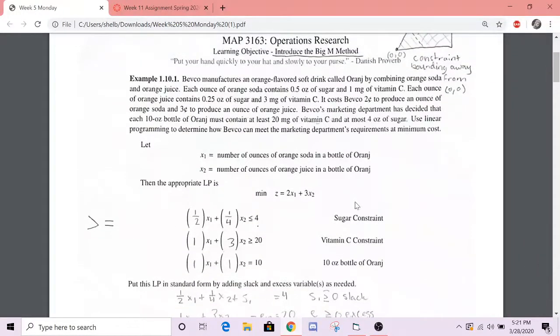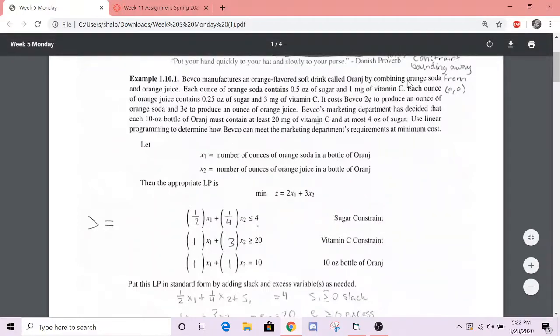So the first constraint is the sugar constraint. We look at the sugar in the orange soda and orange juice. The orange soda contains 0.5 ounces of sugar and the orange juice contains 0.25 ounces of sugar. So we're going to have 1/2 x1, which is our orange soda, and 1/4 x2, which is our orange juice.